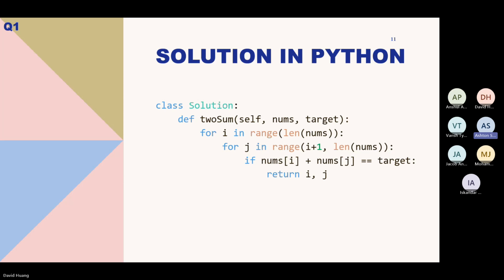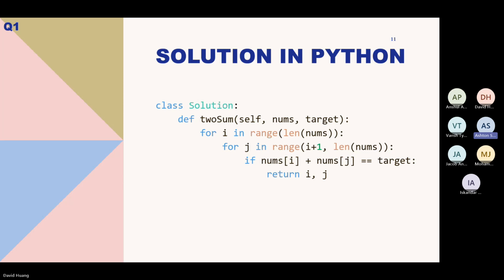The first loop is for i in range length of nums, so we're going to iterate once for every item in the list nums. Then we have the next loop, for j in range i plus 1 as the starting index up until the length of nums as the ending index, non-inclusive.